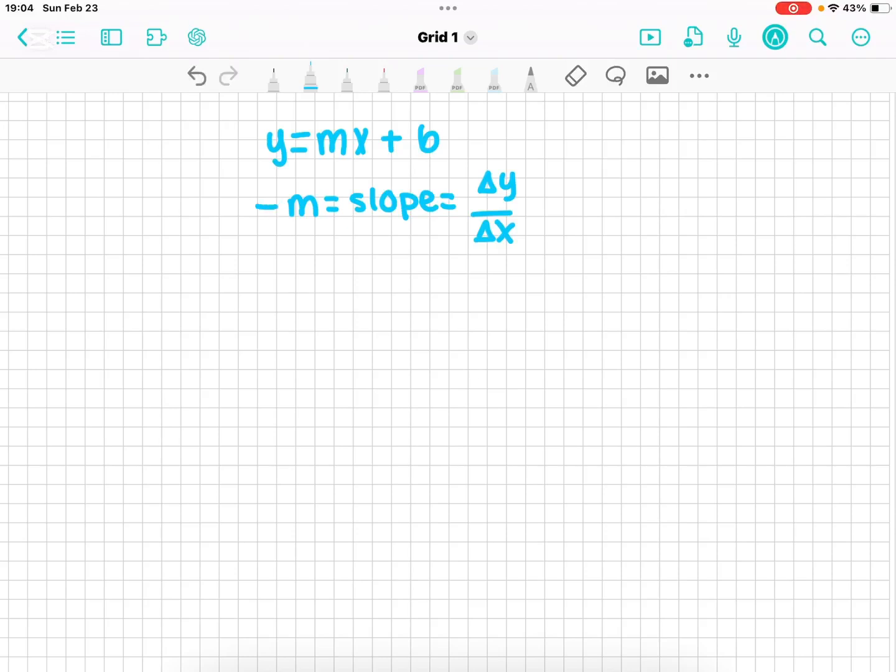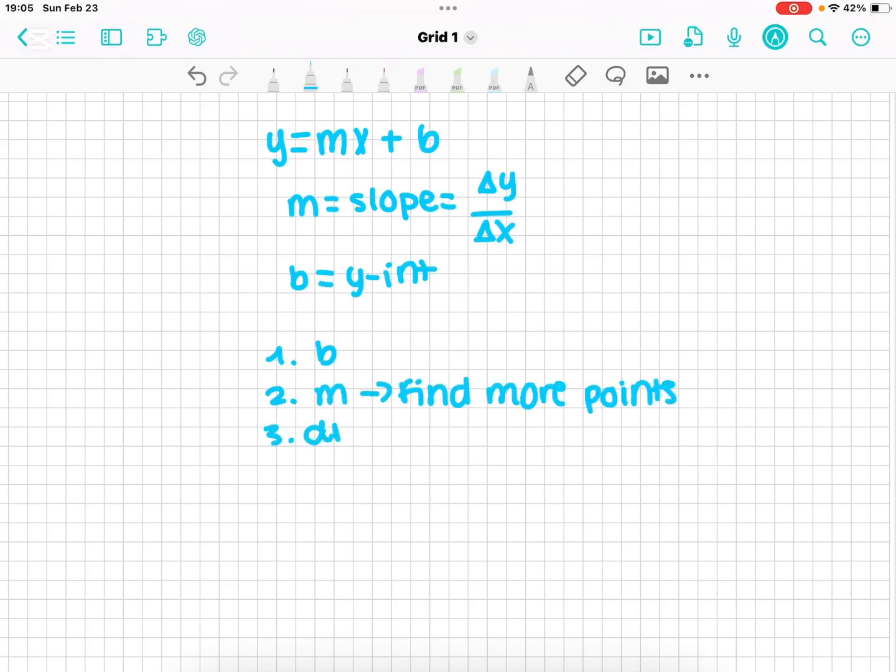If it's negative, it will go down. Then we've also learned that the y-intercept, which is b, tells you where the line crosses the y-axis. And to finish, we also learned how to graph a linear equation. We first plot the y-intercept, then we use the slope to find more points on the line, and finally we draw the line.